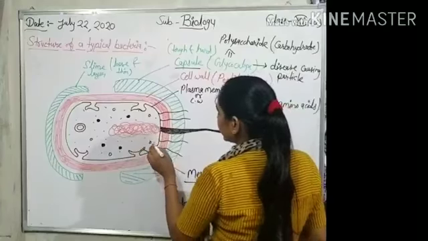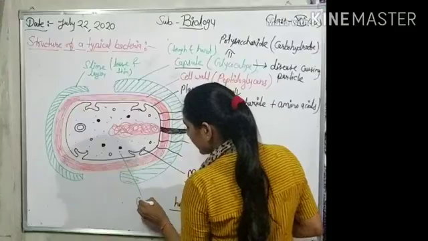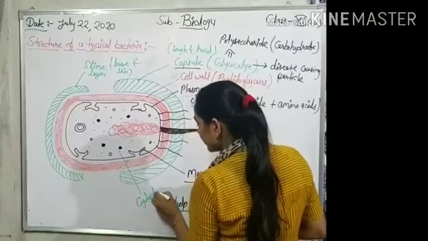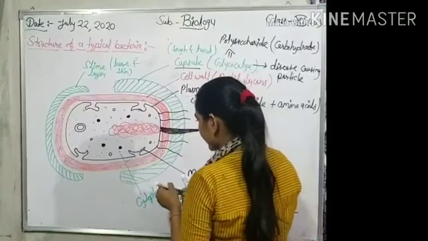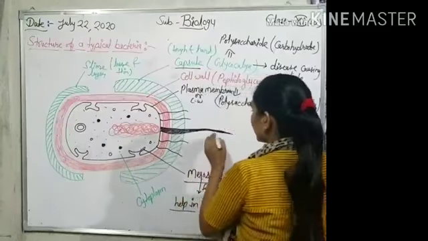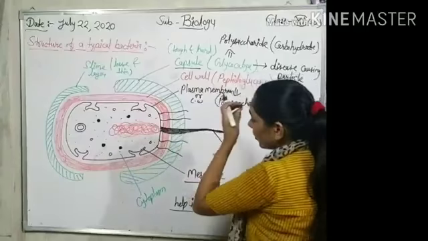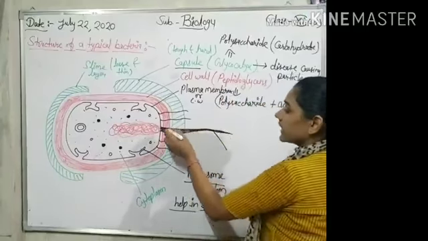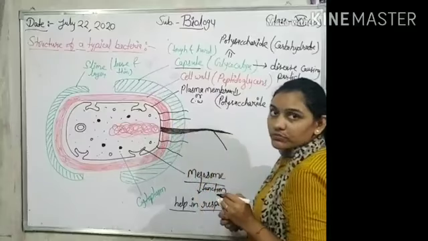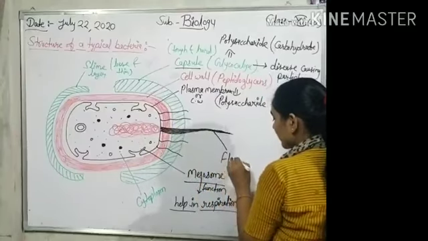The fluid matrix is called cytoplasm, and a long filamentous or thread-like structure emerges from the cell, which is known as flagella.